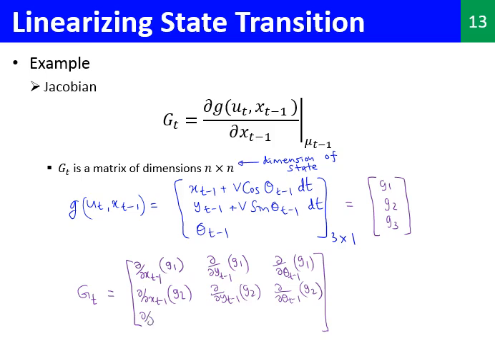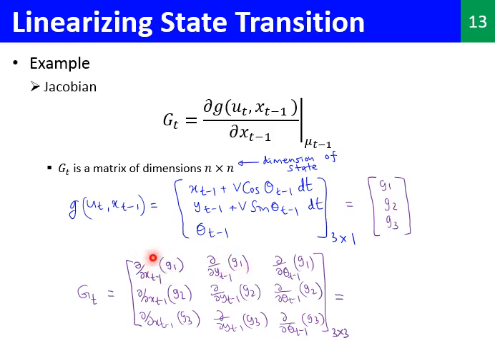So we have g3 and g3. So what would be our resulting Jacobian matrix? Shall we calculate that? By the way, this is a 3 by 3 matrix in this case. So what's left to do is calculate these individual entries.